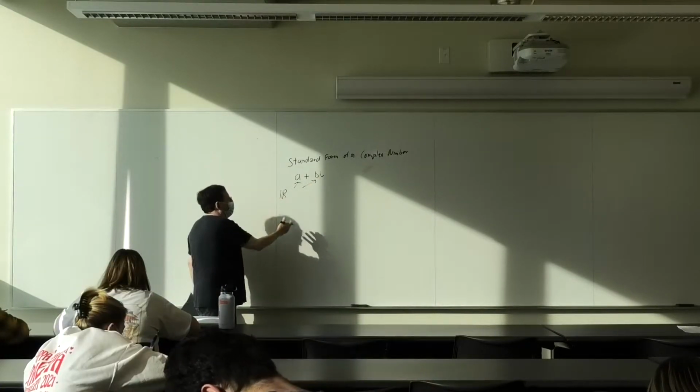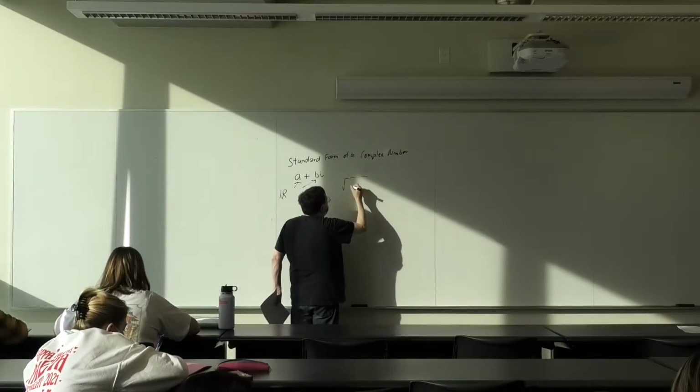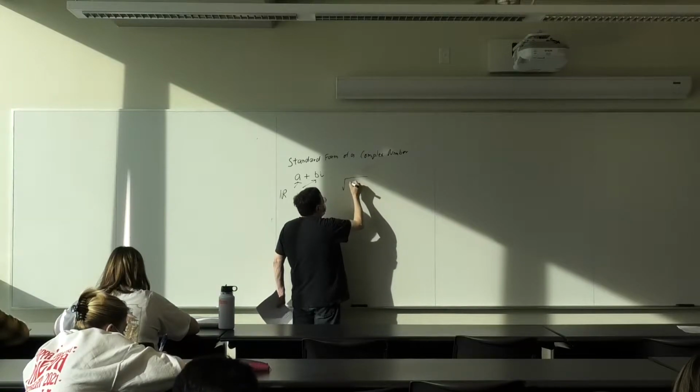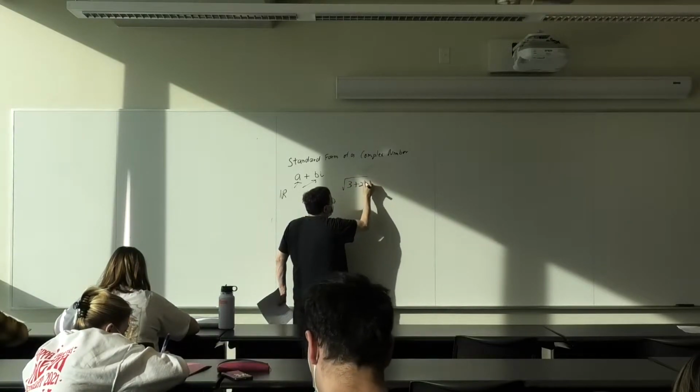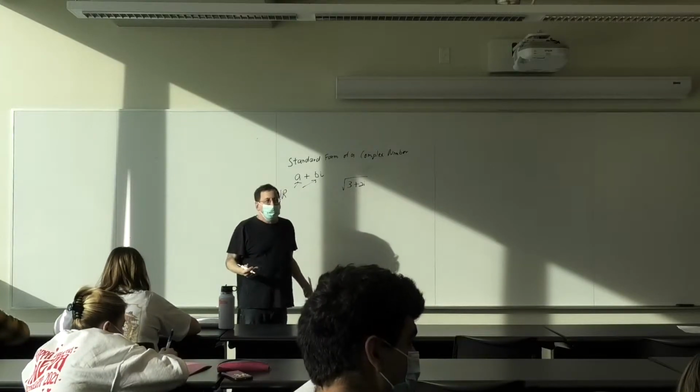Now, what does that have to do with it? Well, if I gave you a number like, which I wouldn't, the square root of 3 plus 2i, that's going to be a complex number.